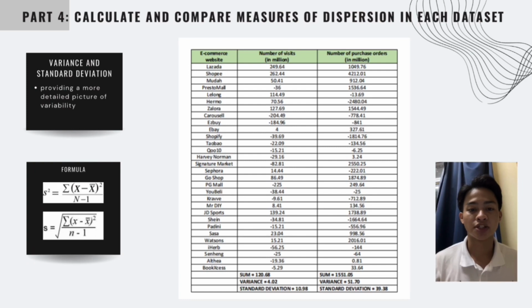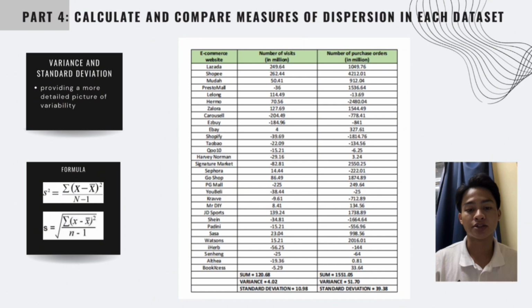The third step is variance and standard deviation. It is to measure how far each value is from the mean and provide a more detailed picture of variability. Variance is derived by taking the mean of the data points, subtracting the mean from each data point individually, squaring each of these results, and then taking another mean of these squares. Standard deviation is the square root of the variance.